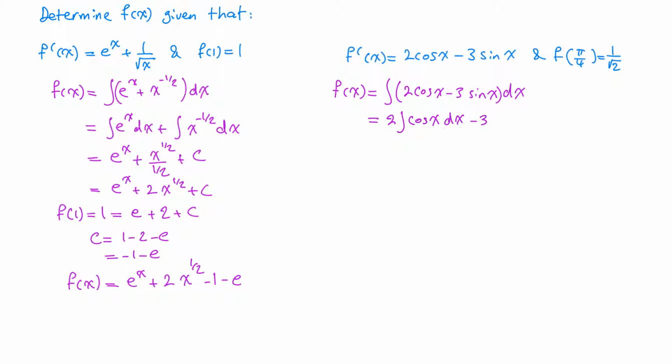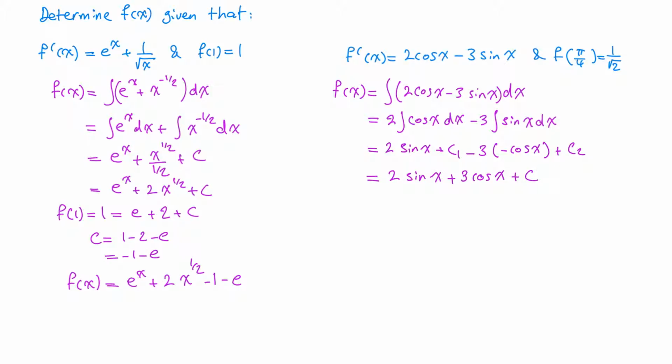So now the integral of cos x is sine x, so I have 2 sine x plus my first constant minus 3 times negative cos x, which is the integral of sine x, plus my second constant, and simplify a little bit and I get 2 sine x plus 3 cos x plus 1 constant value instead of c1 and c2.